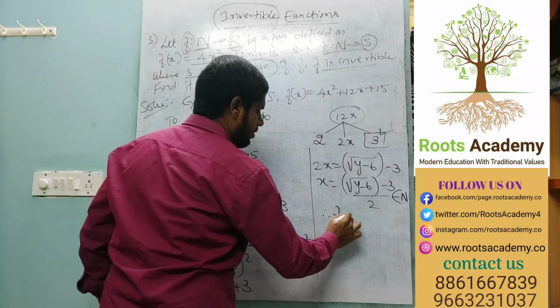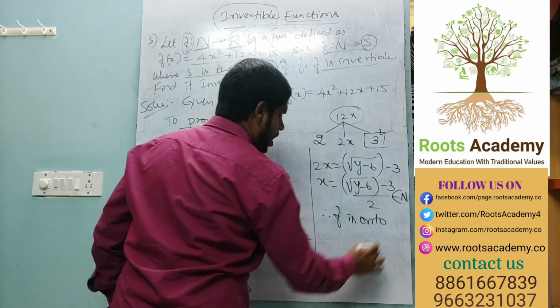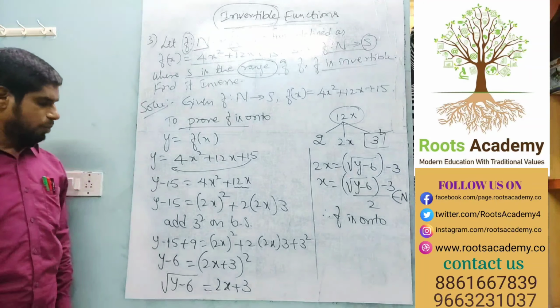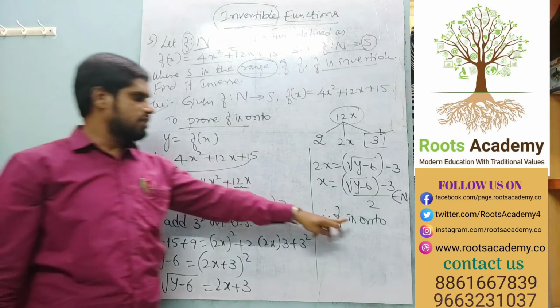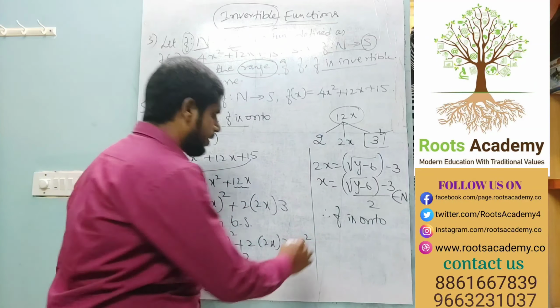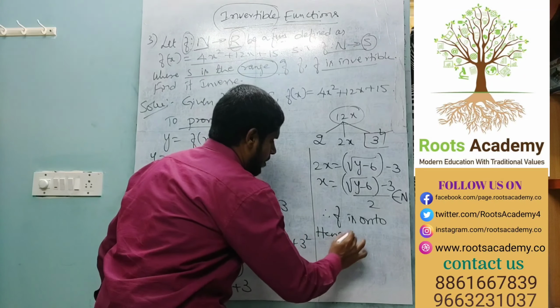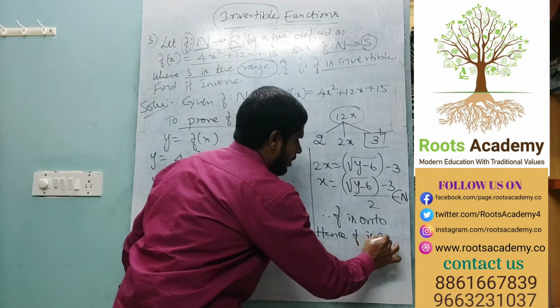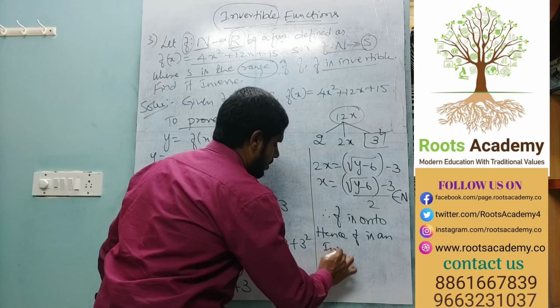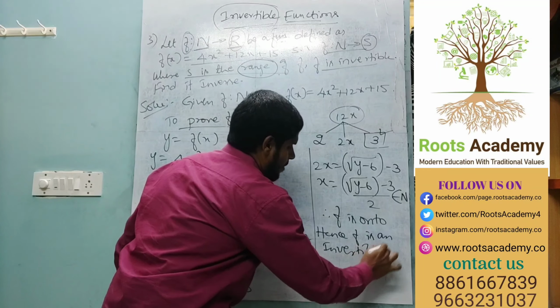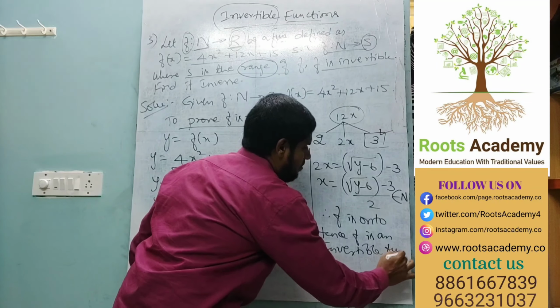Therefore, F is onto. When I proved F is 1-1 as well as F is onto, now I can declare hence F is an invertible function.